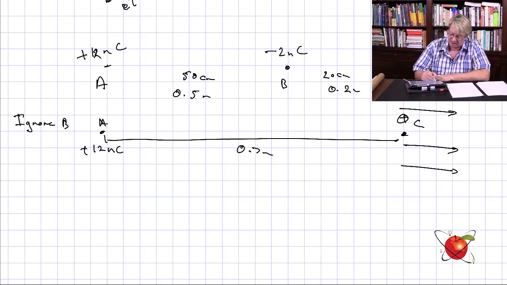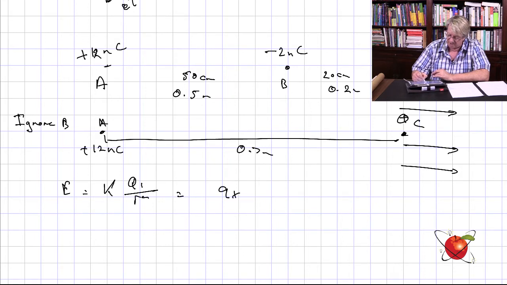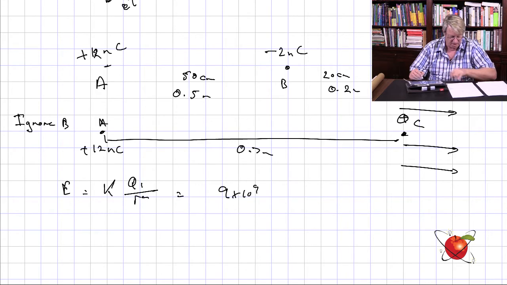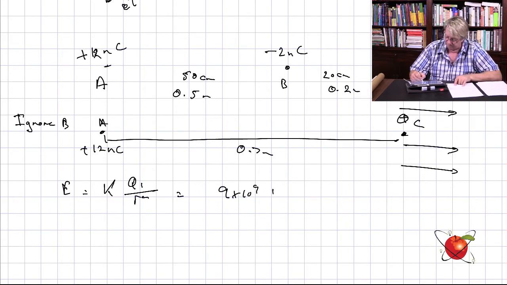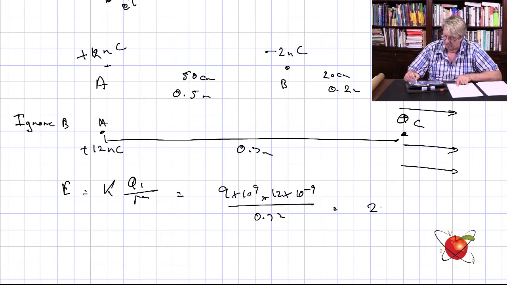And now I can work out E is equal to K Q1 over R squared, which is 9 times 10 to the 9 times 12 times 10 to the minus 9 divided by 0.7 squared, which is going to be 220.4 newtons per coulomb.